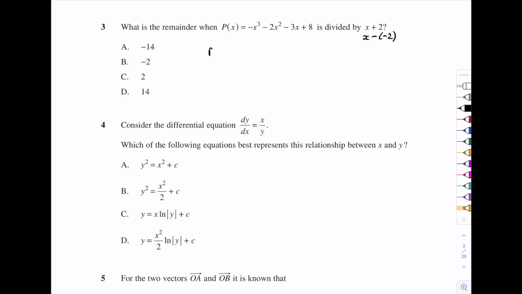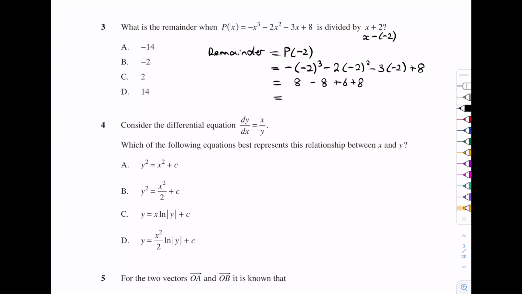So our remainder is going to be equal to p of -2, which is -2 cubed minus 2 times -2 squared minus 3 times -2 plus 8. This is a scenario in which you can simply substitute it into your calculator, but you would really need to be careful about having your brackets in the right spots here. So this would give us, let's see, that would be a positive 8 there, minus 8 plus 6 plus 8, which gives us 14. So option D.